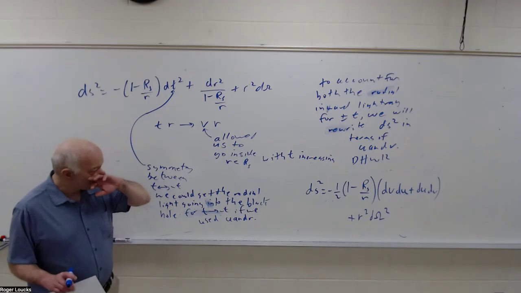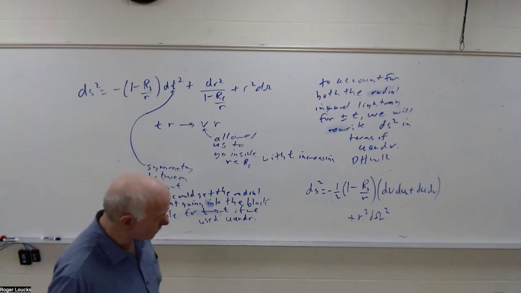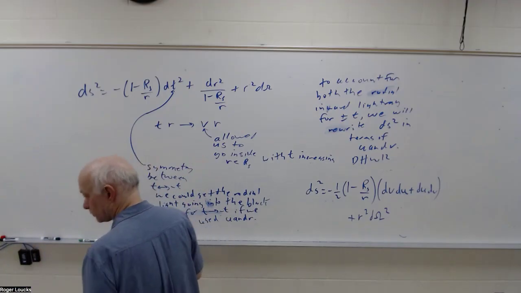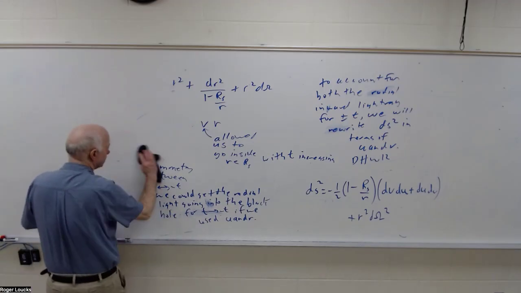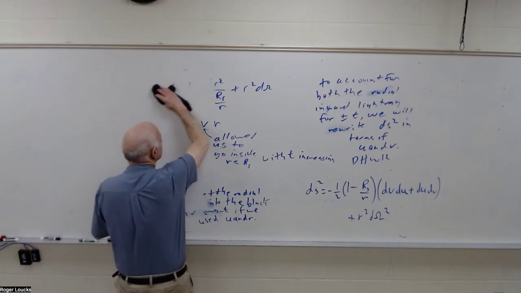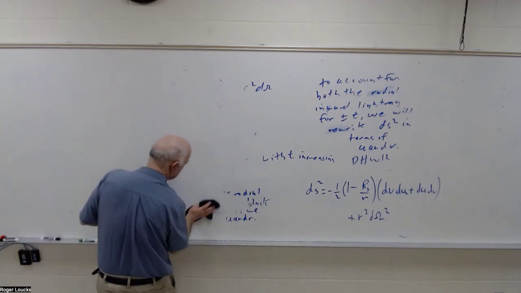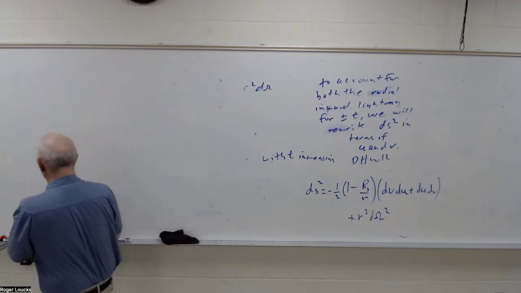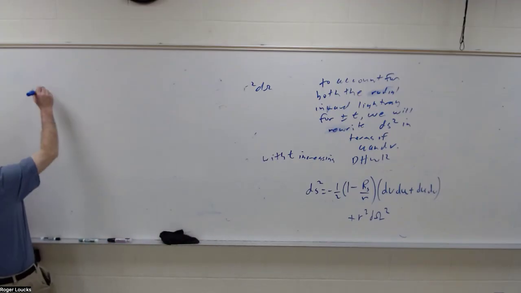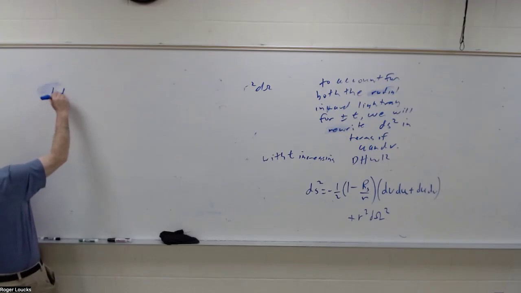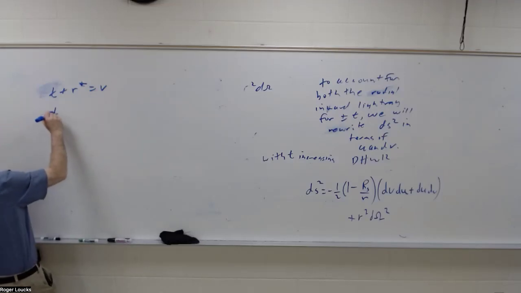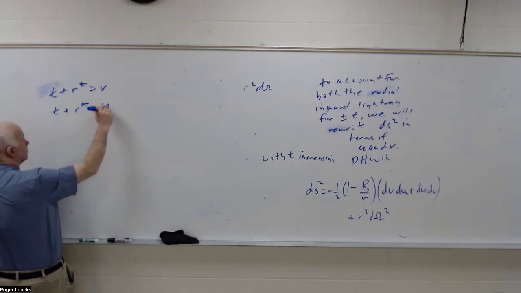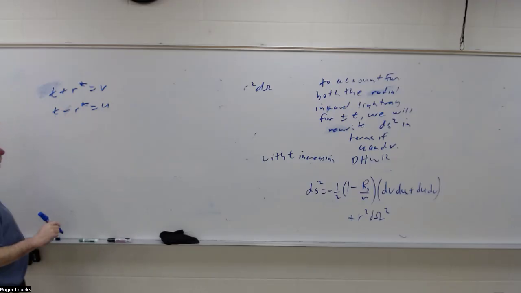That gives us that. Now, the problem is if you remember what the v's and the u's are. Remember, we had t plus r star equals v, and t minus r star equals u.